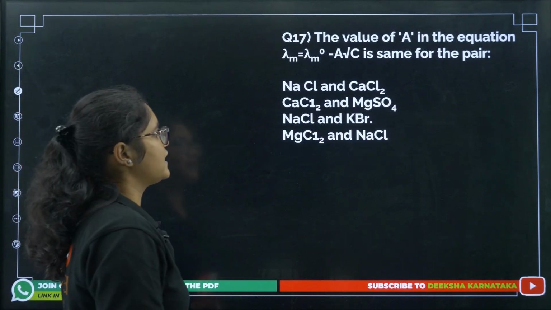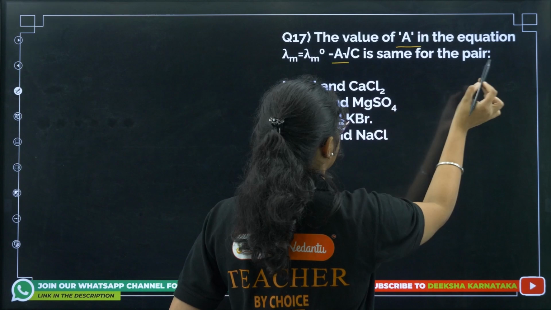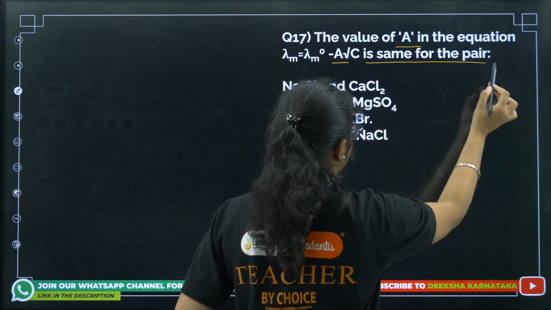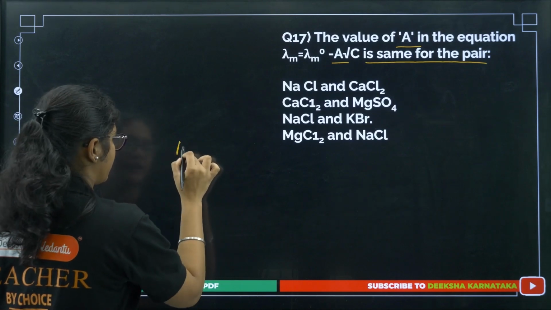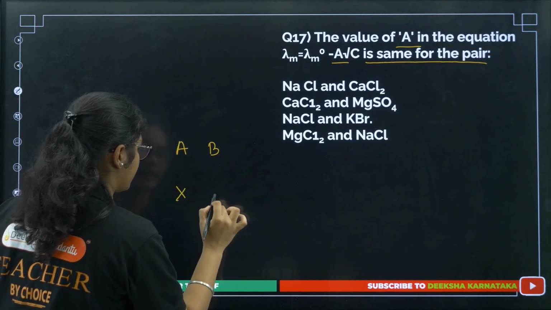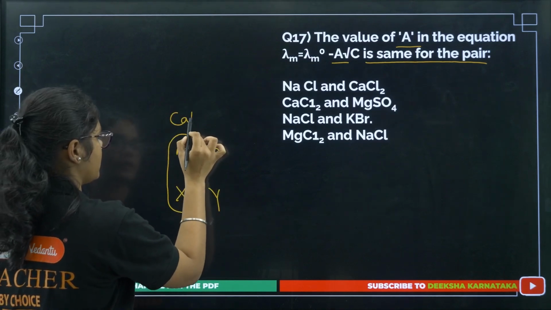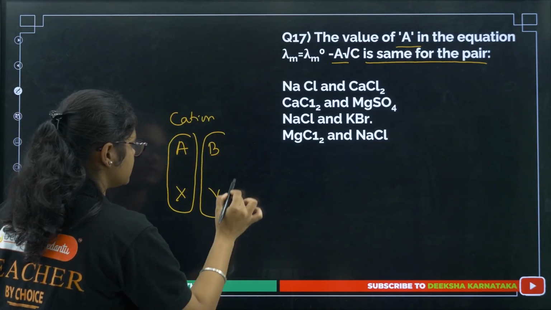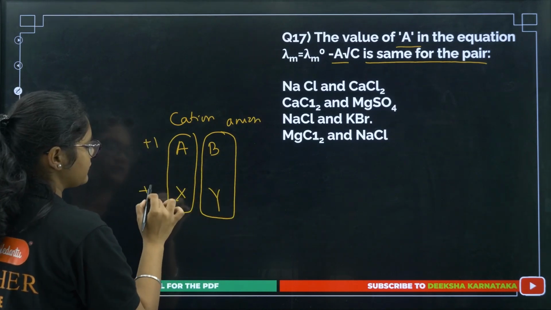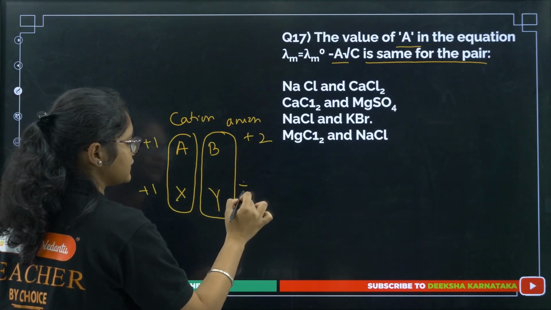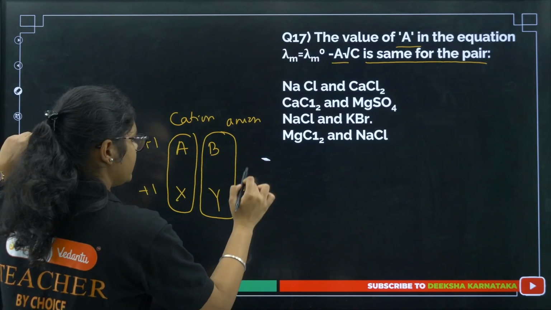Next, which pair has the same value of A in the equation? This one is the same for which pair? So see, suppose we have an electrolyte AB and we have an electrolyte XY. Okay, if the charge of the cation and the charge of the anion are matching, like for example, if this is plus 1, this has to be plus 1, if this is plus 2, this has to be plus 2, if this is minus 2, this is anion, right?